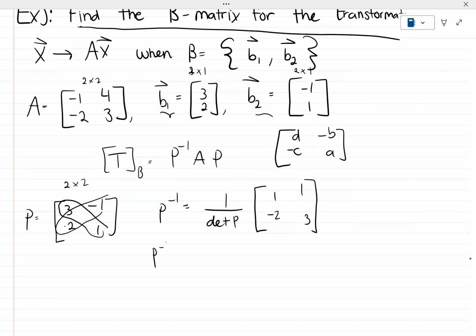So my P inverse is equal to 1 over the determinant of P. How do you find the determinant of a 2 by 2? It's just the major minus minor. So it's basically 3 times 1 minus -1 times 2.